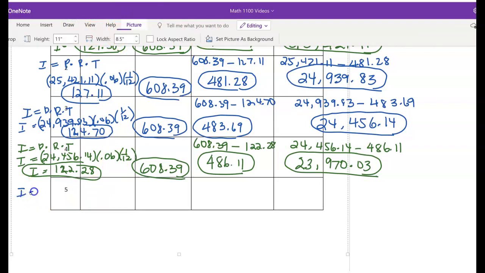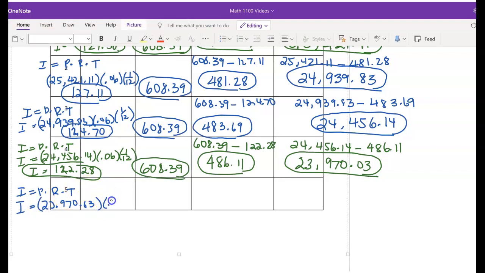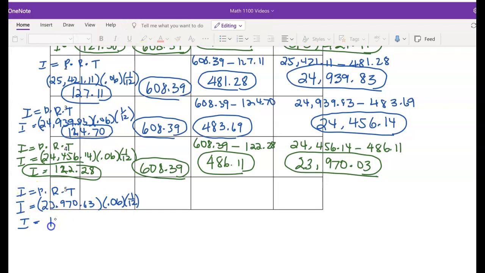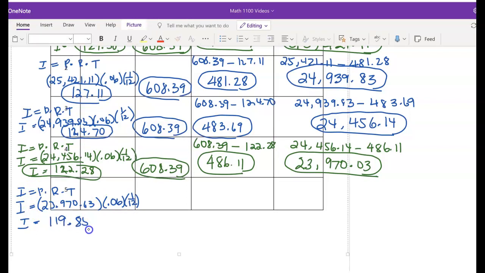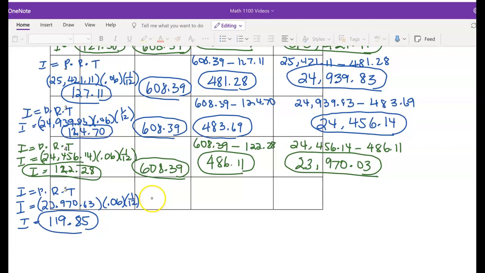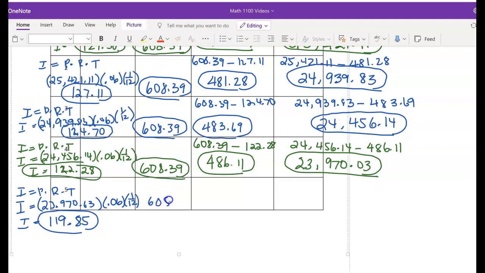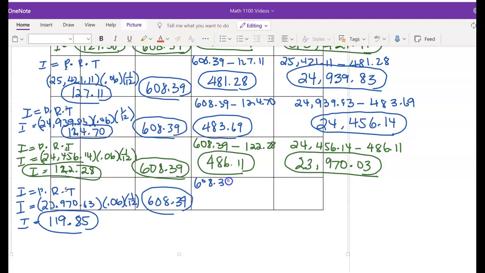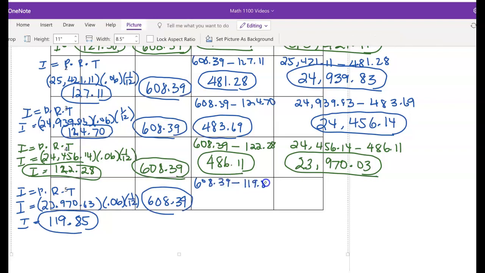We're going to take our I equals PRT, and we're going to take that new balance and multiply it by our 6% and our 1/12 of a year to find an interest of $119.85. The amount of our payment stays the same, and then the amount that gets applied towards our principal is our payment, and we always pay that interest first.